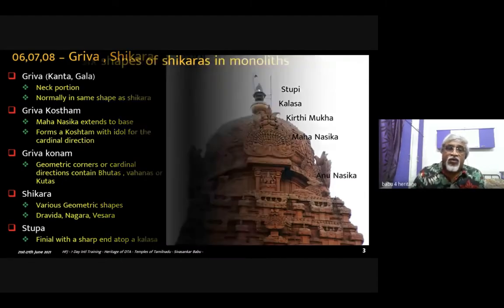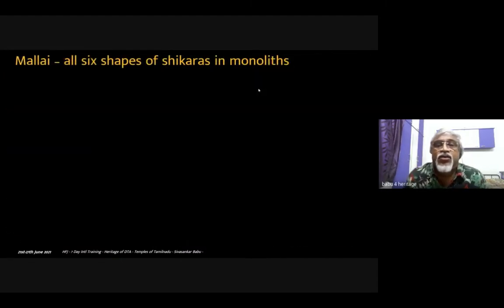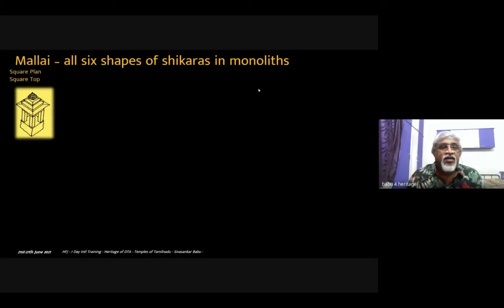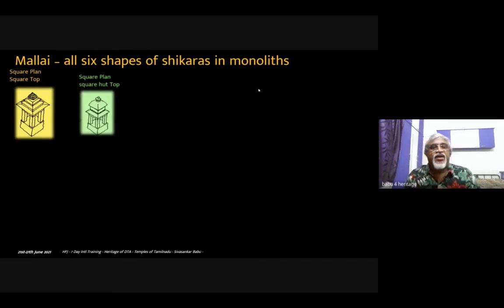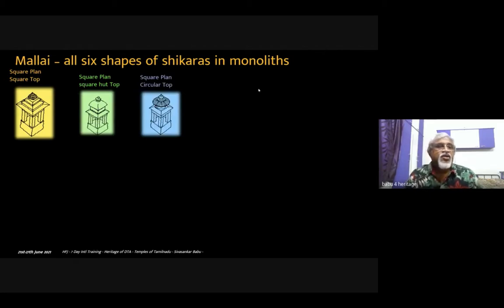Now, when we want to see what are all the shapes possible in a Shikara, let us go back to the day one presentation where we talked about the 6 most used shapes.